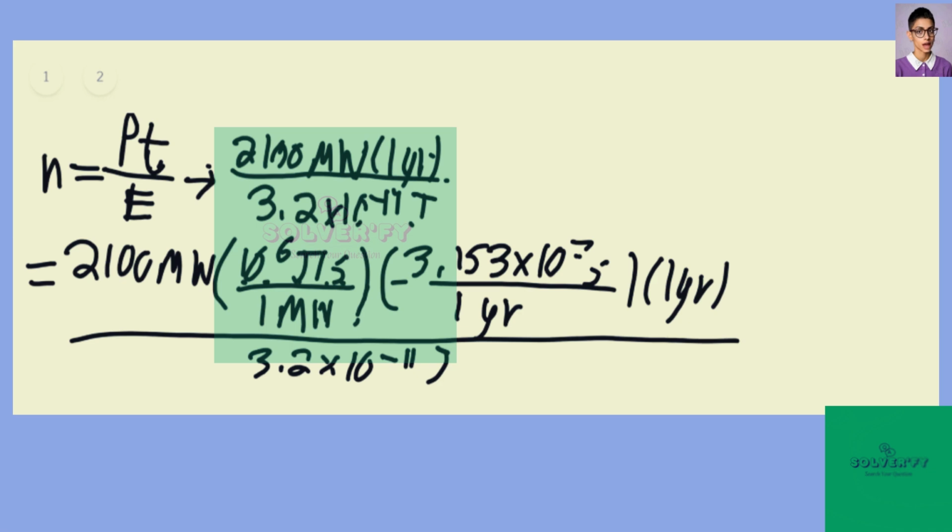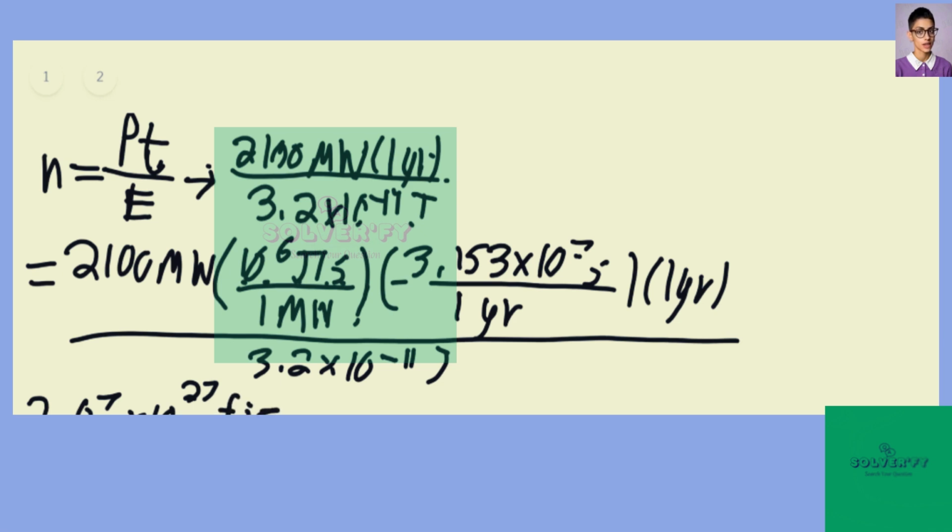When you plug that into your calculator, you get 2.07 times 10 to the 27th fissions, and I'm just going to abbreviate with FIS.